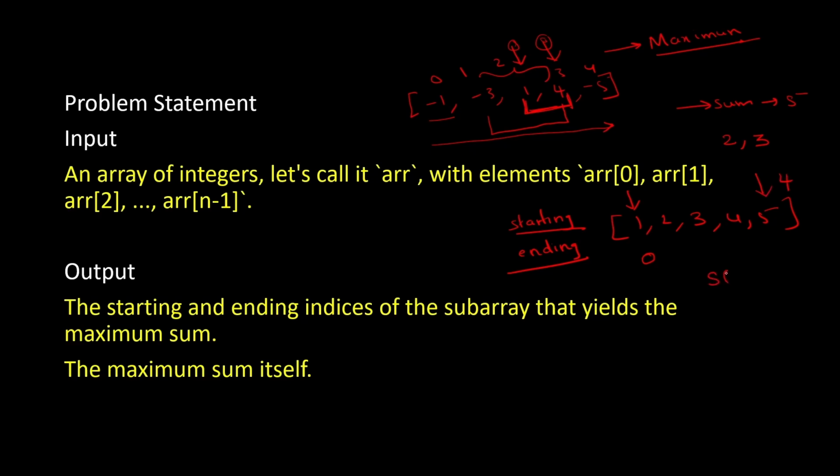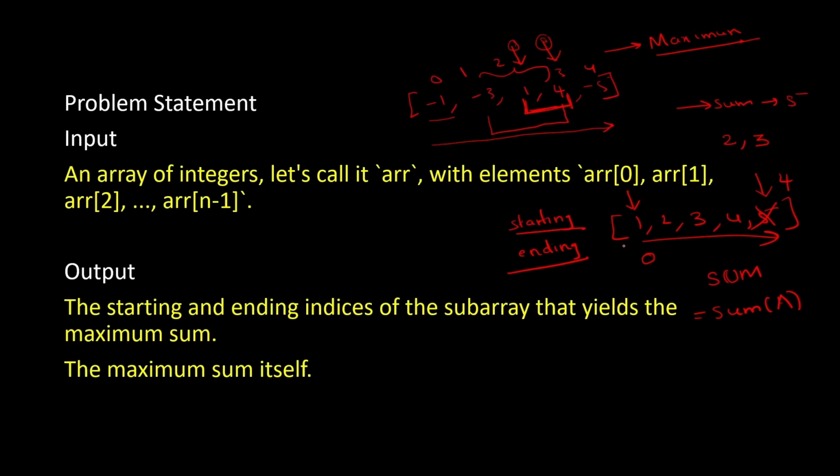And the sum would be the sum of all elements. Because if every element is positive, you don't need to consider any smaller arrays. You can give the entire array as the answer, because if I add everything, it would be much bigger than if I am not considering 5. That would be the easiest solution.